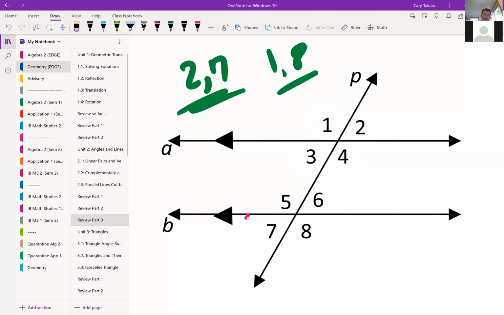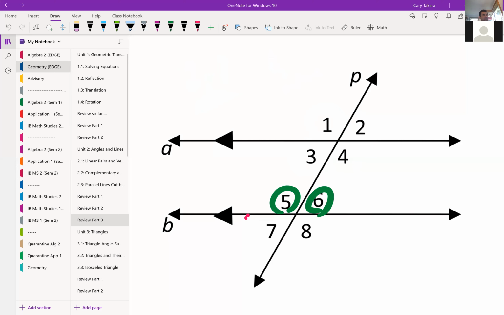One more. How about 5 and 6? What would you call 5 and 6? Very good. I think you've got it. Yeah, this is a linear pair. 5 and 6 are a linear pair. A linear pair could be 2 and 4.